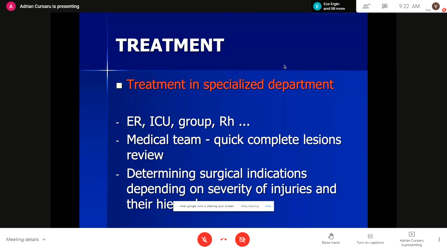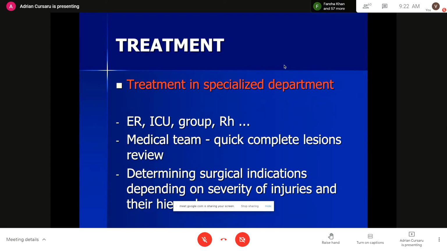It is very important for the medical team to make a quick, complete lesion review to have a correct and complete diagnosis, not just a diagnosis of fracture in our patients. It is very important to have a complete lesions review.